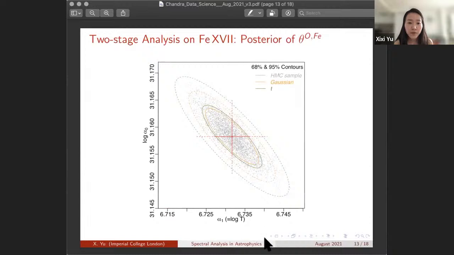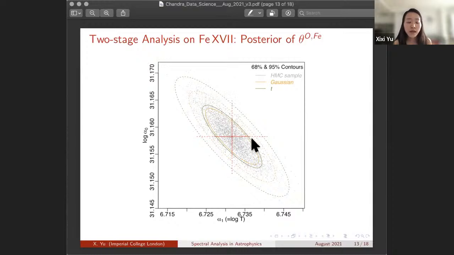And then we are able to summarize the posterior samples of the temperature and density, temperature and normalization parameter. We use two approximation distributions: Gaussian in the amber contour, and the multivariate t distribution approximation, which is in green.